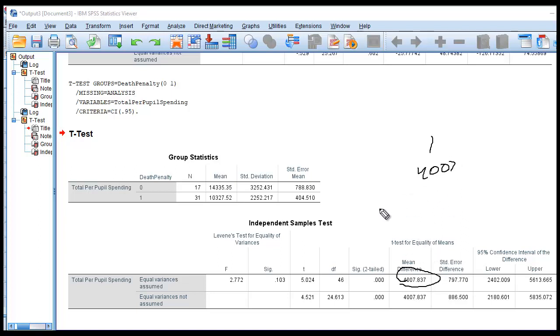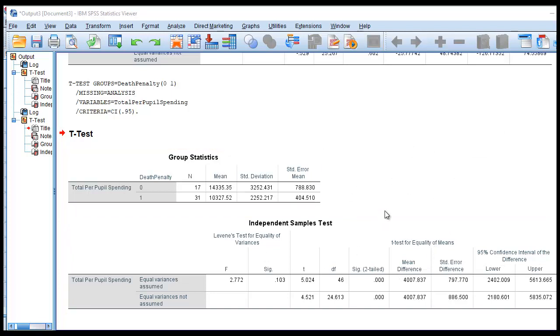That is the difference between the groups in terms of total pupil spending. Essentially we can lay out a 95% confidence interval, which is what you have right here, and this gives a lower bound and an upper bound. So it provides an interval estimate of the difference in means between the two groups. So that's essentially what's going on with that.